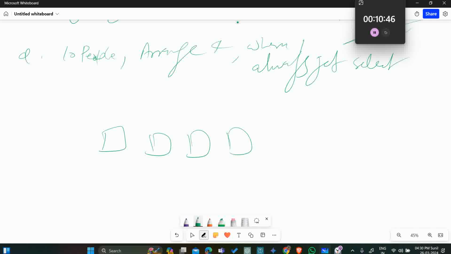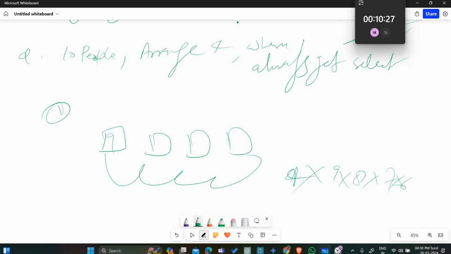One person always gets selected, so it can choose any of the chairs, so it is 4 ways. And then 9, 8, 7 and 6.